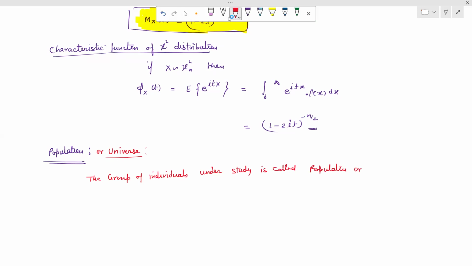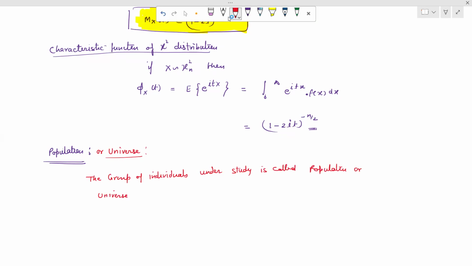Population और universe, क्या मतलब हुआ इसका? That means we have 100 students in a college, 200 students in a college. So for a particular college, that 100 or 200 students is the population. So out of the 100 students, we are going to take a sample of 10 students, 20 students. So that is the sample, and the group of 100 students is called the population of the particular college.